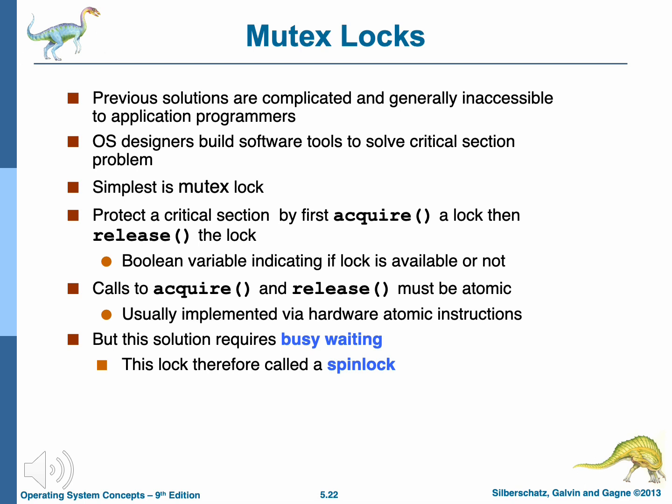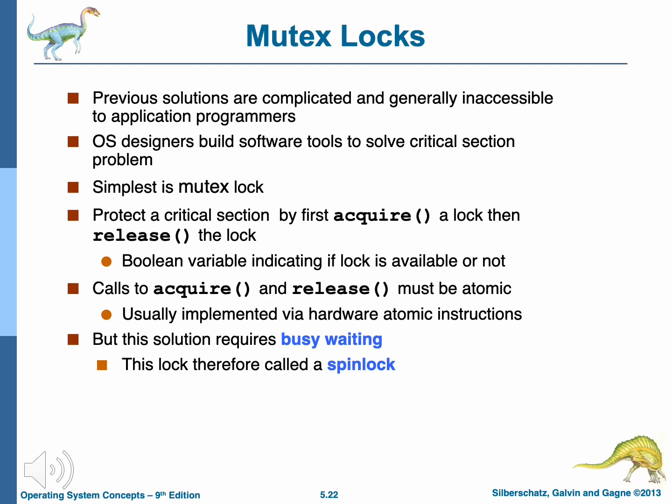We see the same issue with the code examples illustrating the test-and-set instruction and the compare-and-swap instruction. This continual looping is clearly a problem in a real multiprogramming system, where a single CPU is shared among many processes. Busy waiting wastes CPU cycles that some other process might be able to use productively.